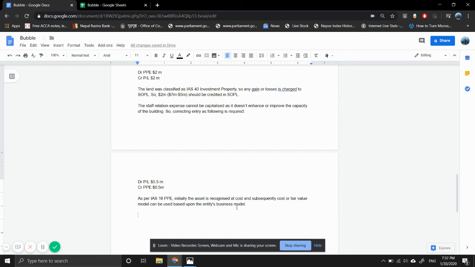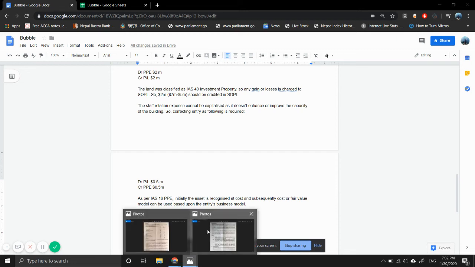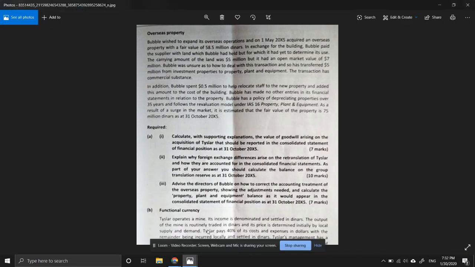Right? So after that, what's the cost of the building? So now the building is priced at 58.5 million, right?